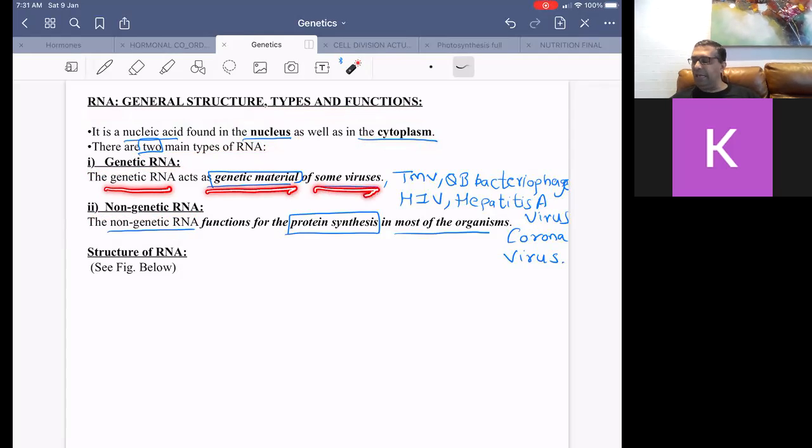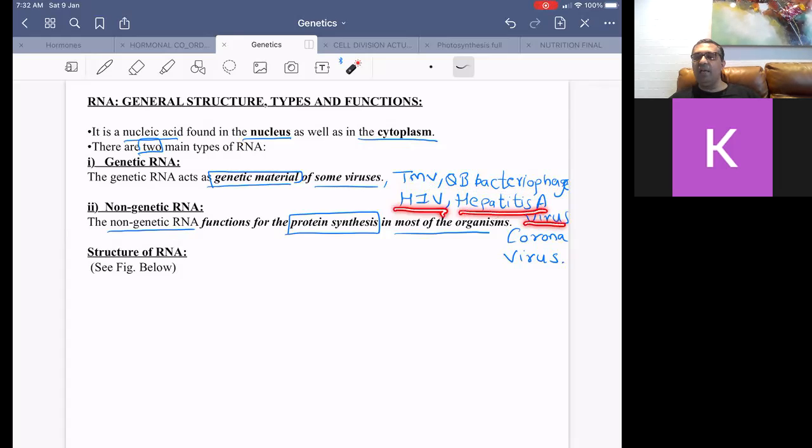Which viruses are these? You have TMV, tobacco mosaic virus. And then you have bacteriophages like QB bacteriophage. The deadly HIV virus, human immunodeficiency virus causing AIDS, has RNA as genetic material.